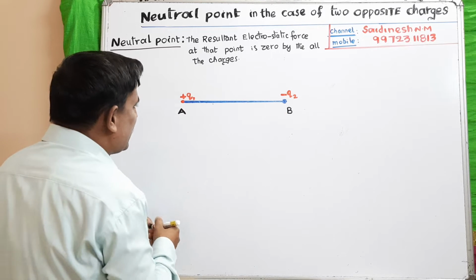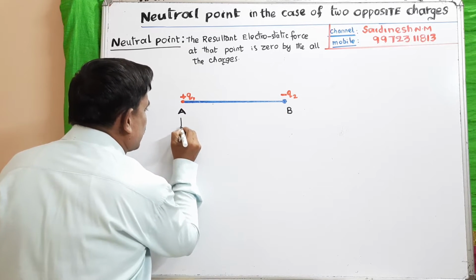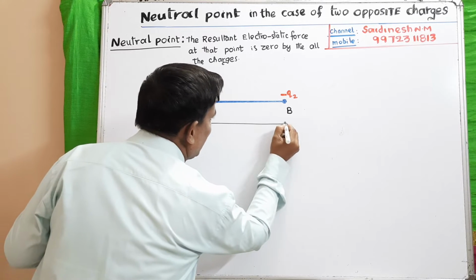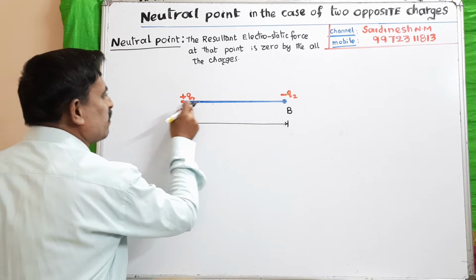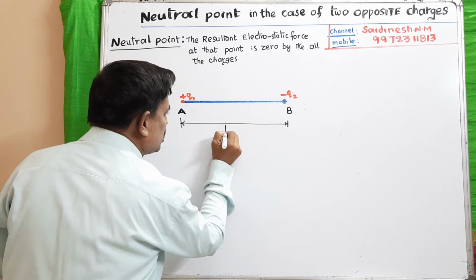The distance of separation is D. D is the distance between these two point charges.